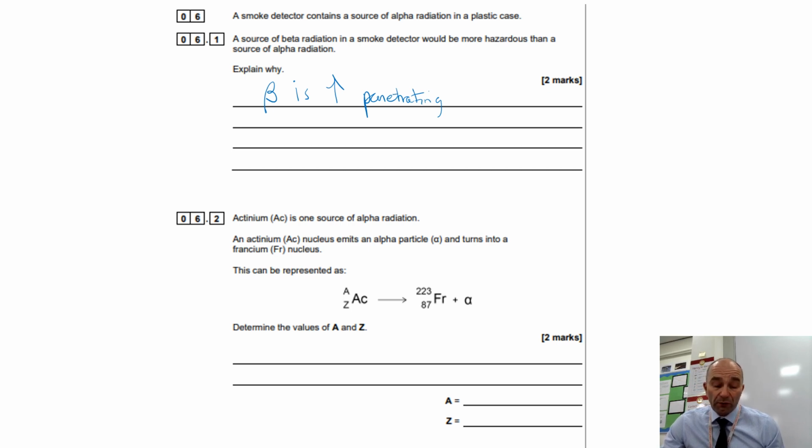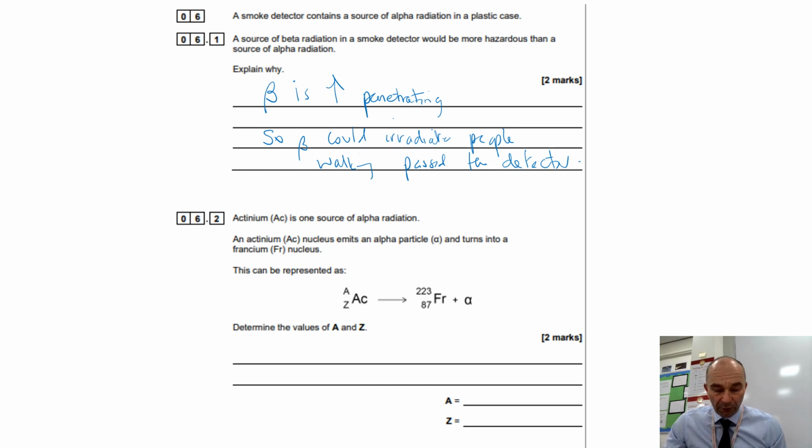Beta particles can travel a few meters. So the fact that the beta is more penetrating means that the beta radiation could irradiate people just walking past the detector. That's the second mark.